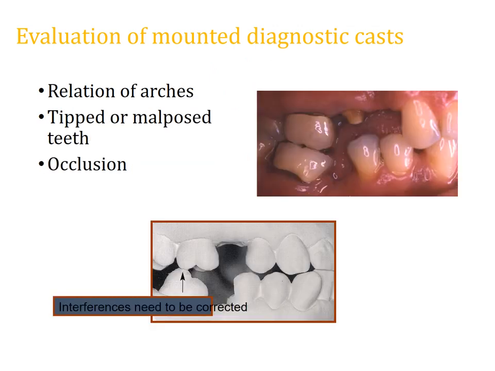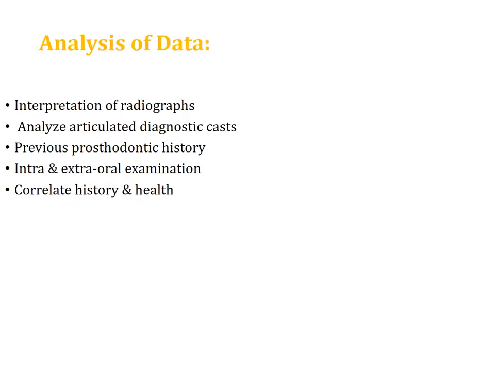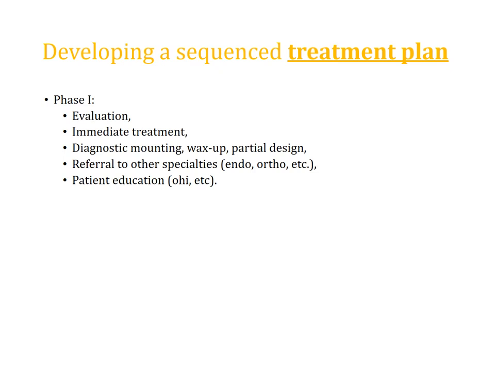Any interference will need to be adjusted beforehand, that is during the mouth preparation appointment. Any tipped teeth may need to be straightened up to provide space for the missing teeth, and you can even do the wax up on the diagnostic cast to get a better idea of the future prosthesis. So you have to analyze all these things: the radiograph, the diagnostic cast, the dental history, the medical history, the intraoral and extraoral examination, the health of the patient, and based on that you will make the treatment plan.